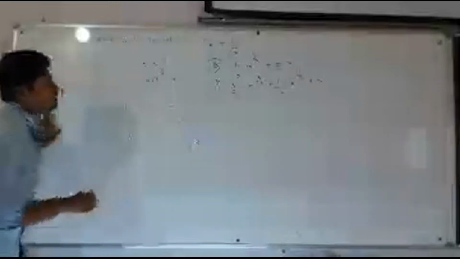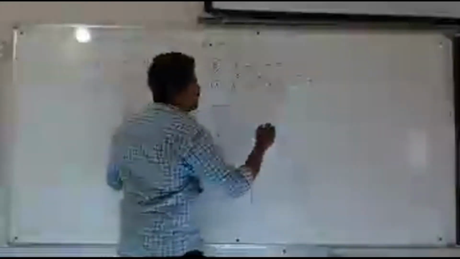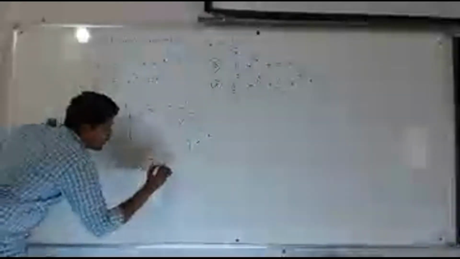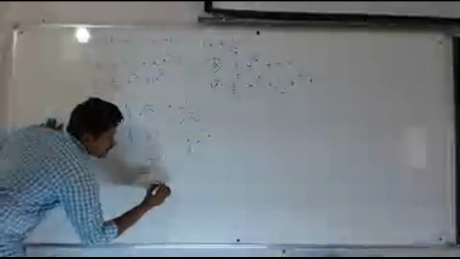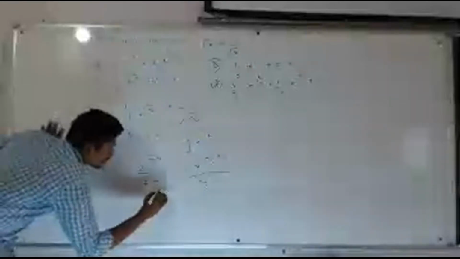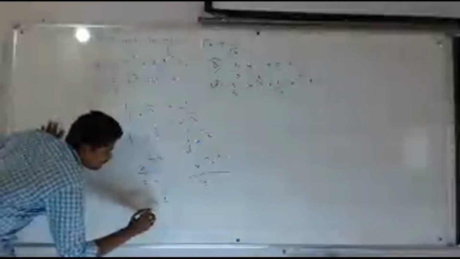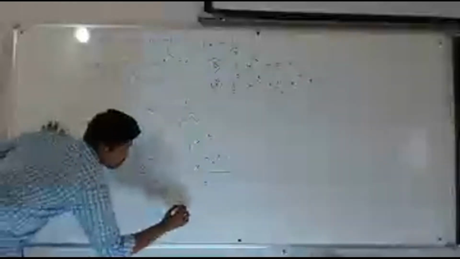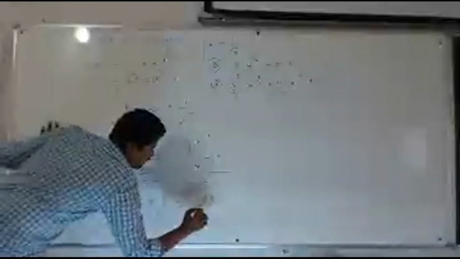Next, apply the formula. What formula do we require here? We require the formula for x power n. It is x power n plus 1 by n plus 1. So x power 3 by 2 by 3 by 2 plus x power 1 by 2 by 1 by 2.